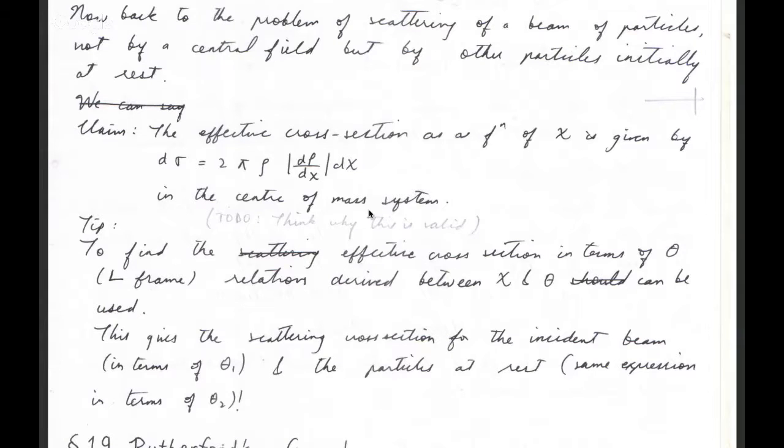To find the effective cross section in terms of theta, the lab frame, the relation derived between chi and theta can be used. Effective cross section in terms of theta in the lab frame.